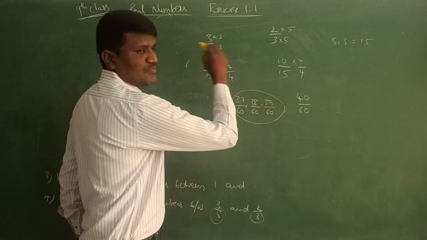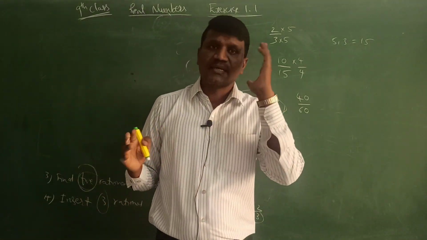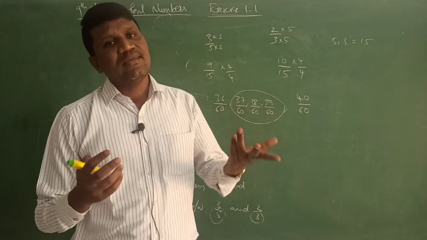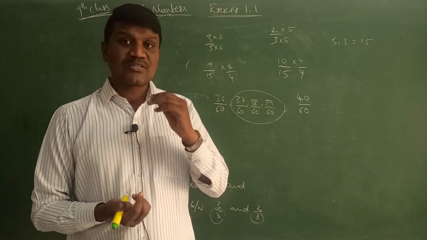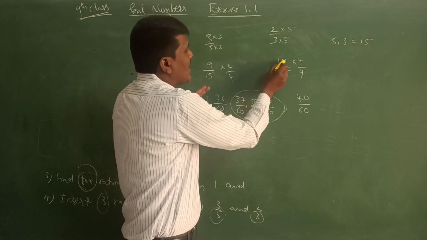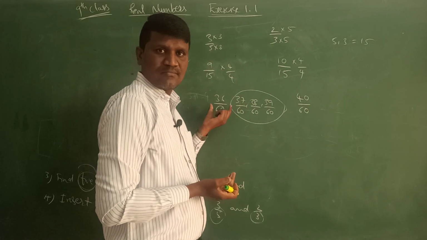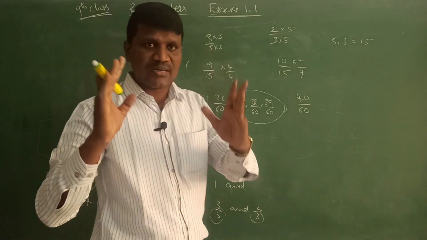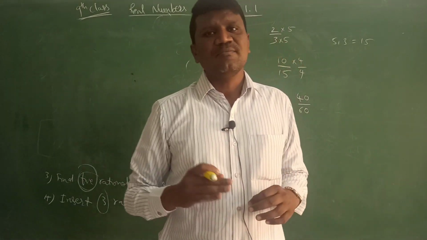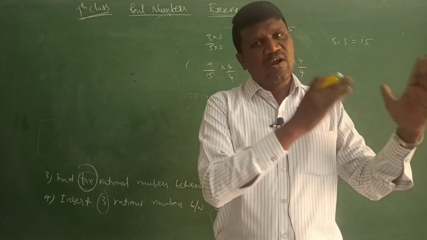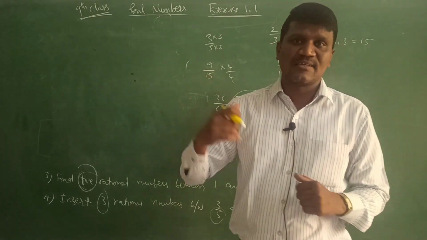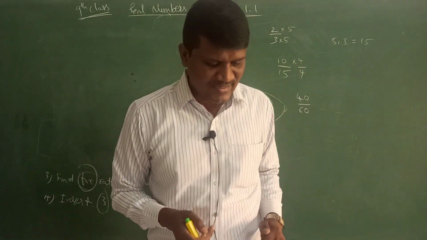So this is the way to insert numbers between any fractions. Okay students, if no number is left between the fractions, you do it like this. I hope all of you have understood. If you are not following, go back to the previous video and watch, then you will understand very easily.